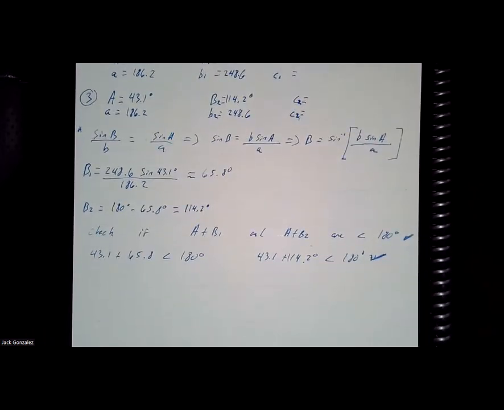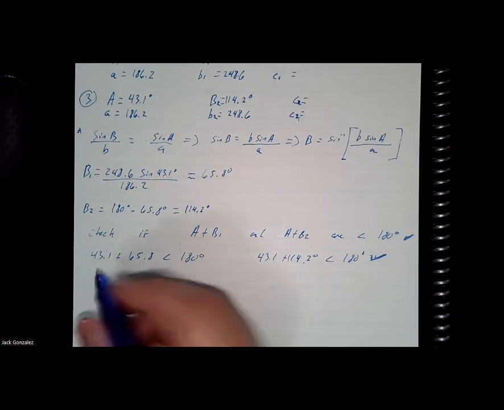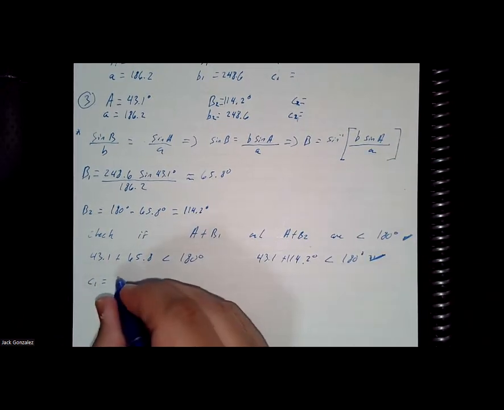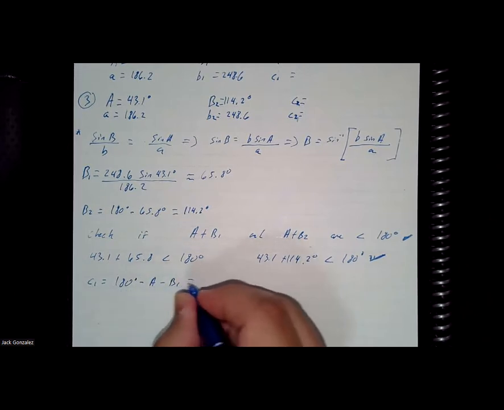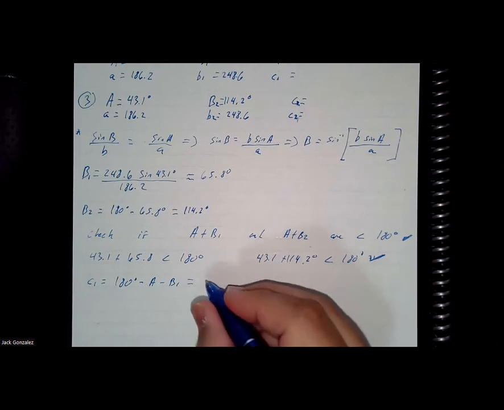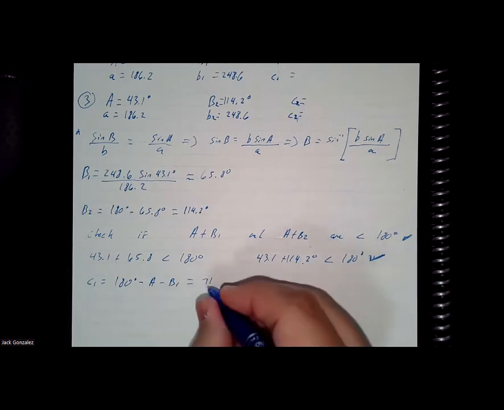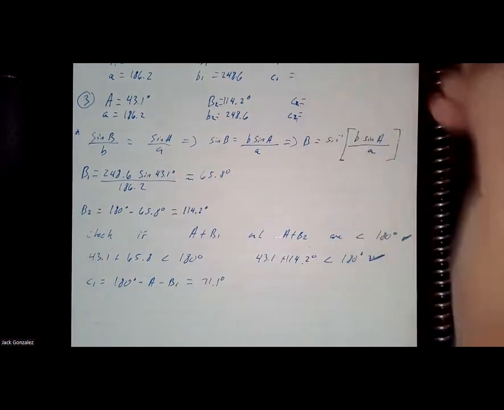Okay. So C1, let's start with that one. Well, we can find C1 and C2 by subtracting from 180. So C1 will equal 180 degrees minus A minus B1. So that will equal 71-ish. Let's double check everything. 180 minus 43.1 minus 65.8. Yeah, 71.1. So that's not too bad.